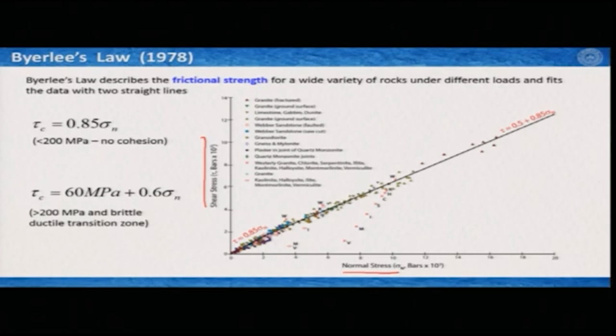And he used a variety of rocks. I am not sure if you can read it, but from the slides, the PDF files I will give you, you can figure it out. It has granite, fractured granite, ground surface, limestone, gabbro, dunite, sandstone, different types of sandstone, faulted saw-cut sandstones, granodiorite, gneiss and mylonite, quartz monzonite with joints, Westerly granite, and a lot of clay minerals as well.